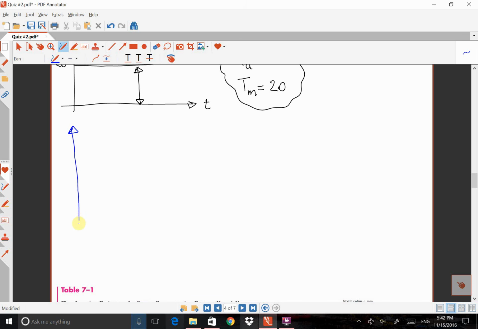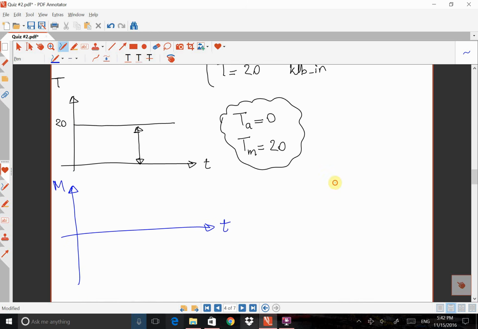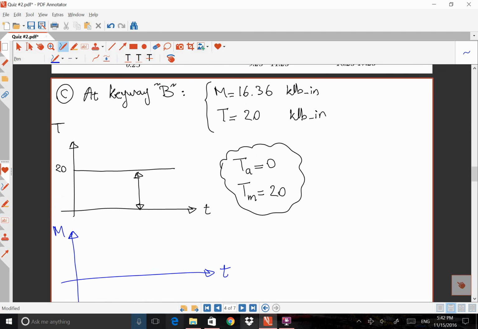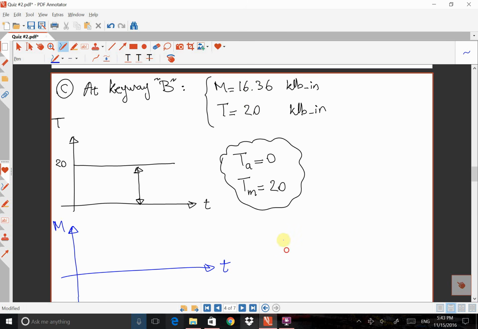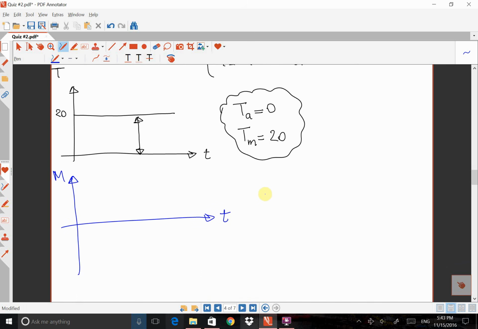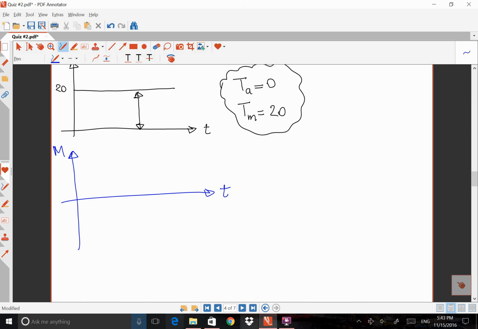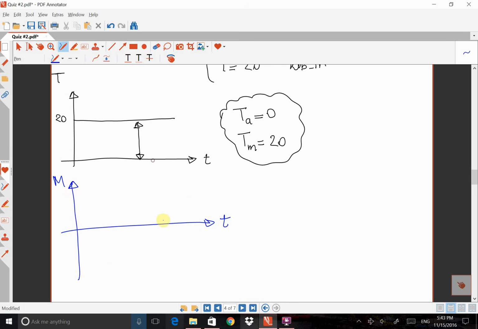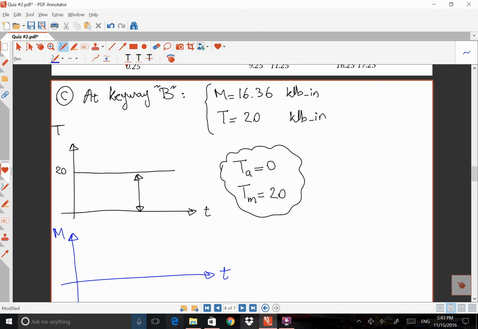For the moment, the story is a little different. As we discussed in the previous lectures, when the shaft is rotating and there is some amount of moment acting on the shaft, this moment makes a completely reversed scenario on the shaft. That means that at point B, we are just analyzing one point of the shaft.